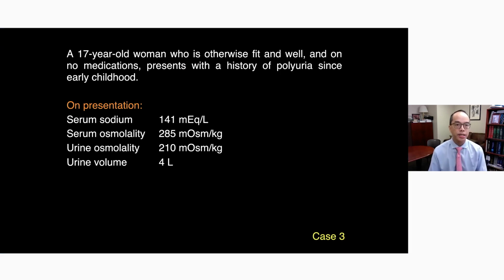Okay, next case. A 17-year-old woman who is otherwise fit and well and on no medications presents with a history of polyuria since early childhood. So on presentation, she has a serum sodium of 141, serum osmolality of 285, urine osmolality of 210, and a urine volume of 4 liters.